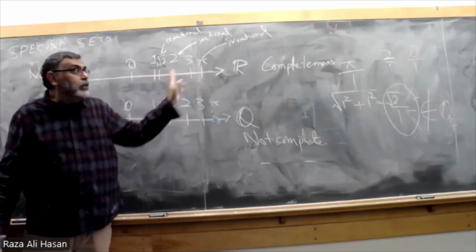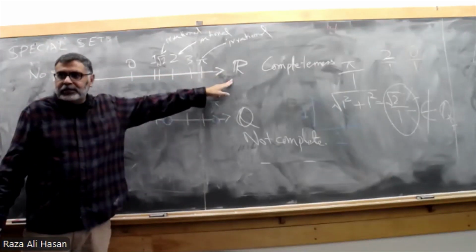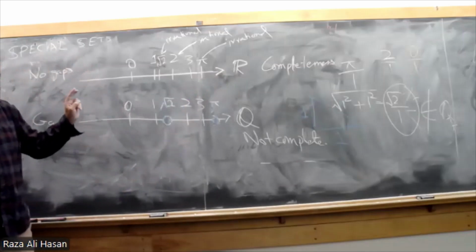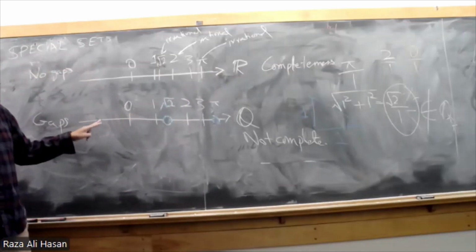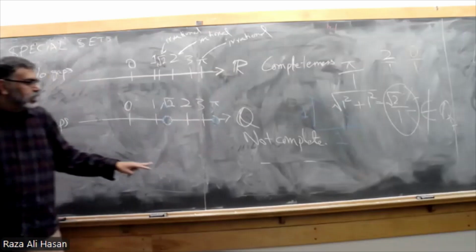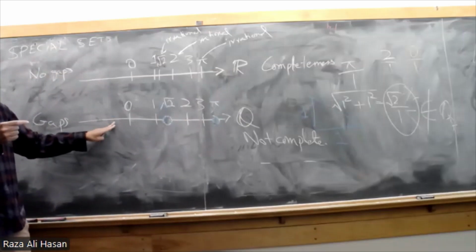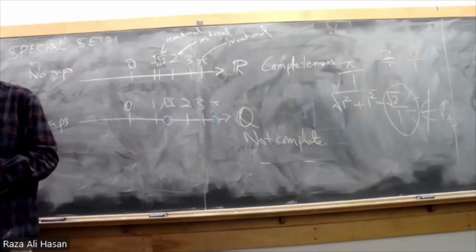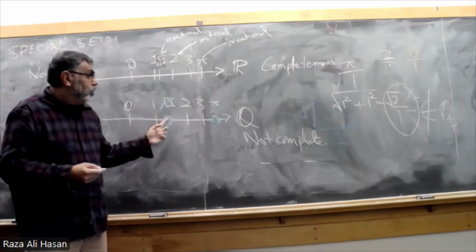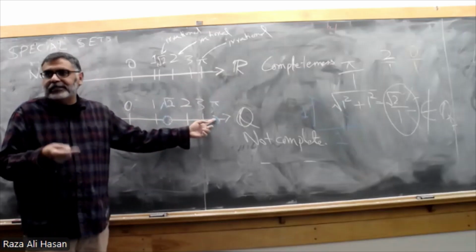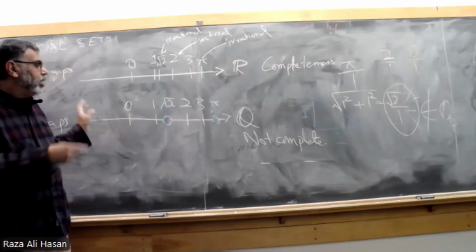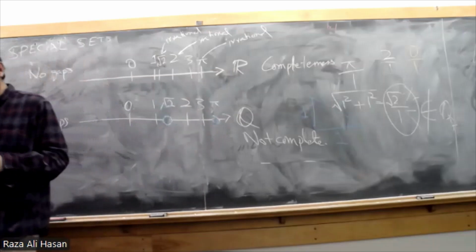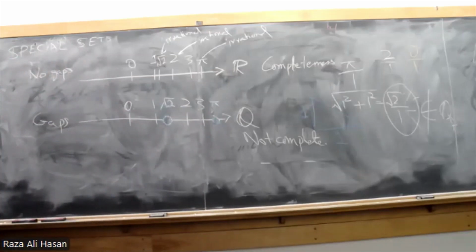But if I took a subset of the set of rational numbers, the least upper bound of that subset might exist and might not, because it could actually be one of these guys, which don't exist. And therefore, for a subset of rational numbers, the upper bound also has to be a rational number. Okay, so let's look at that.